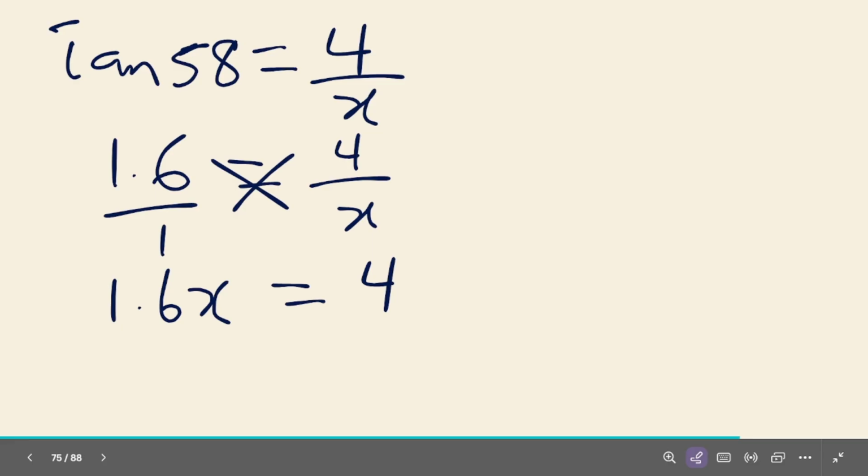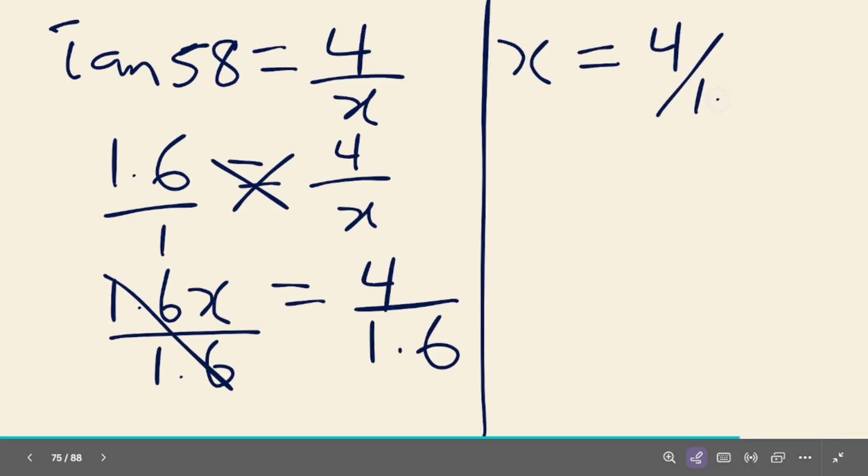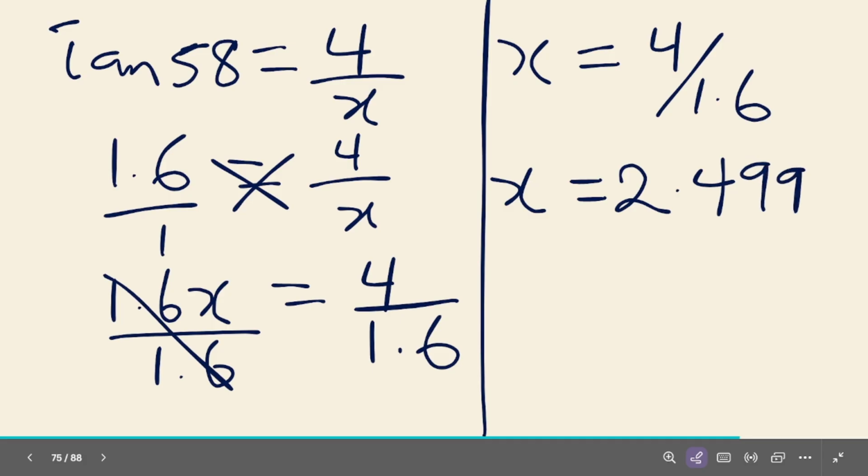So since you are looking for x, you divide both sides by 1.6. So 1.6 cancels 1.6. You are left with x is equal to 4 divided by 1.6. So you have your calculator, divide that. I'm having 2.499.